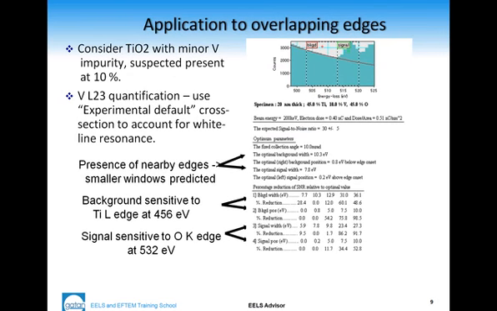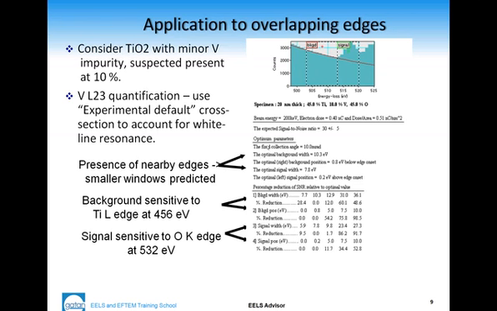In addition, one further application is for overlapping edges. So in this case, we have titanium oxide with vanadium at 10%. We can run a L23 quantification, use experimental default cross-section to account for the white lines, and the results of the OptiEELS will show the presence of nearby edges.